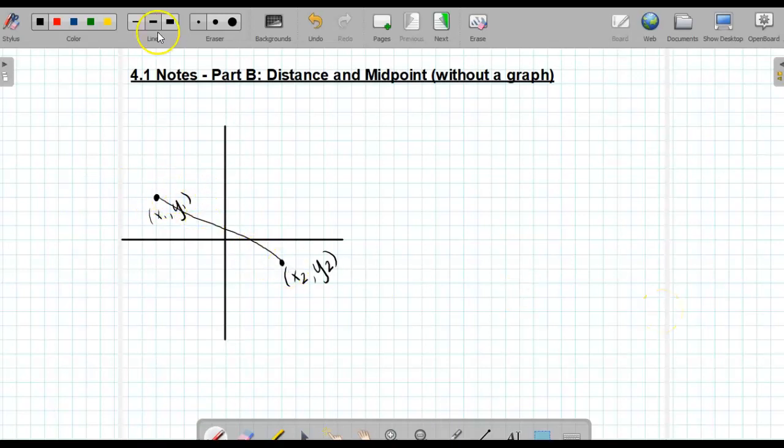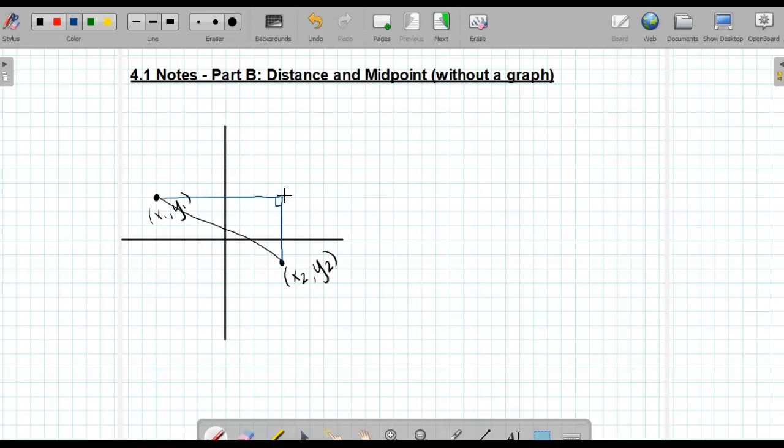So we've got this line right here, and we want to know the distance of that line. If we were doing this problem, we'd make ourselves a triangle, and you might have drawn your points in a different place, so just make yourself a triangle. It might look like mine, or a little bit different.